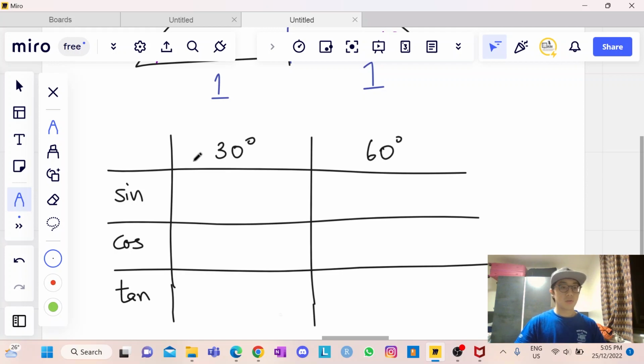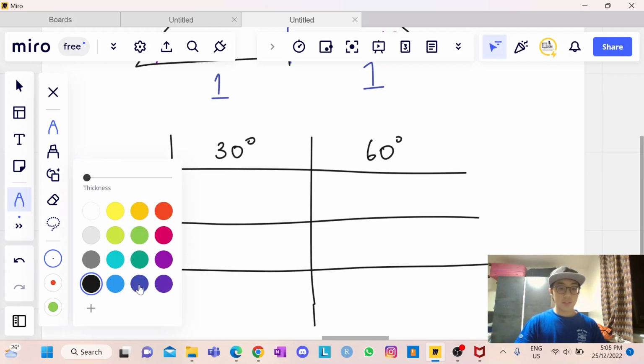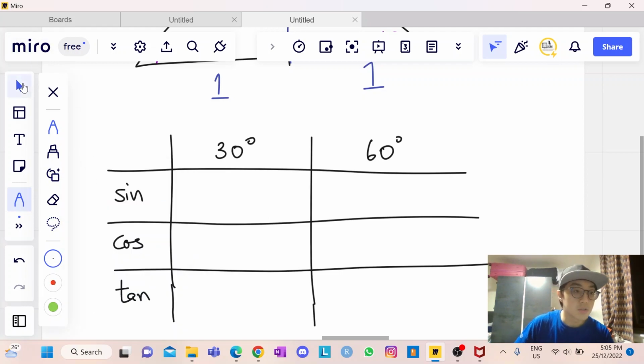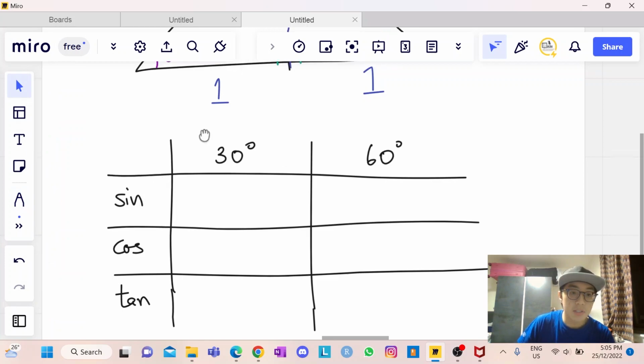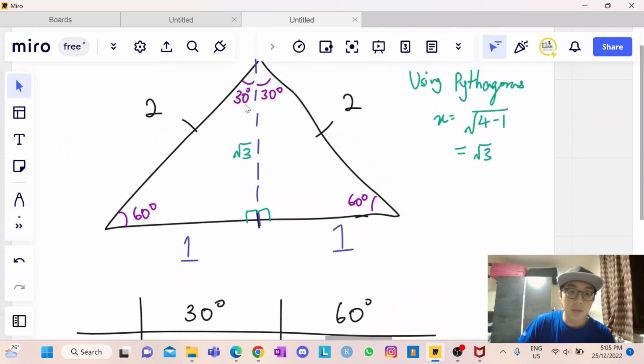So how do you read this table? First things first, we are going to look for sine 30. So 30 is right here.